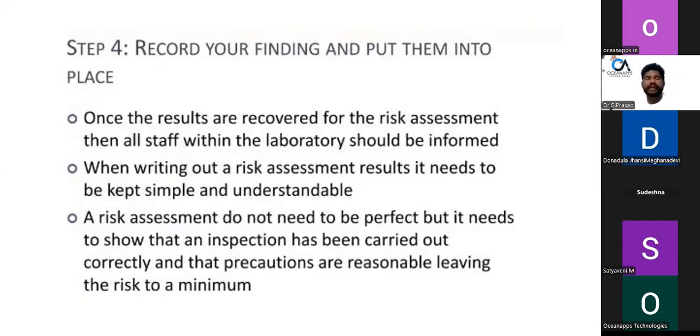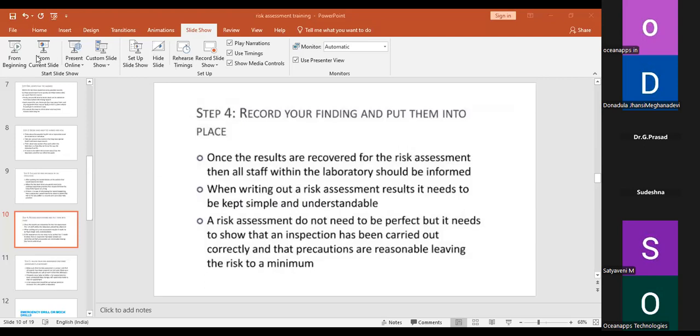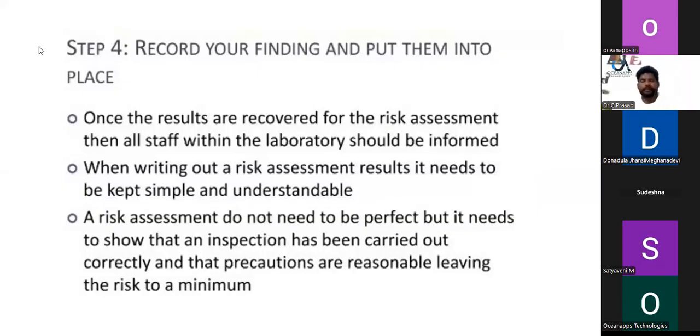Fourth one, record your findings. Okay. So step number 4 is record your findings and put them into place.